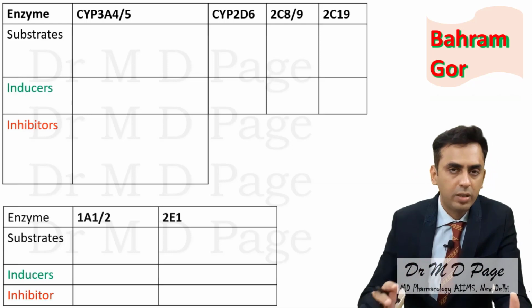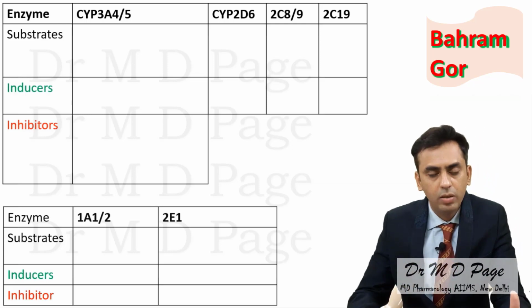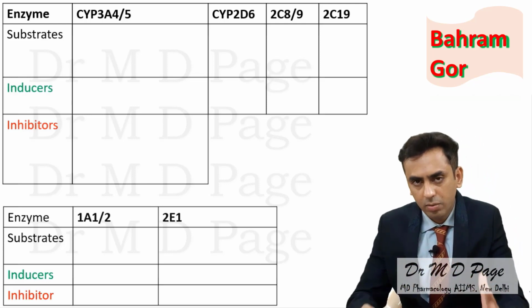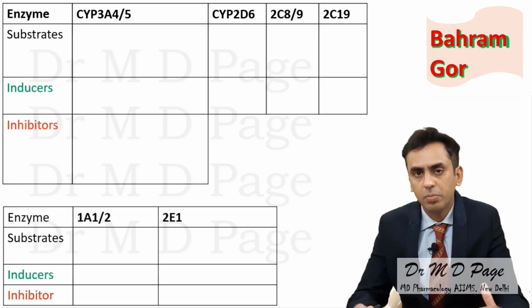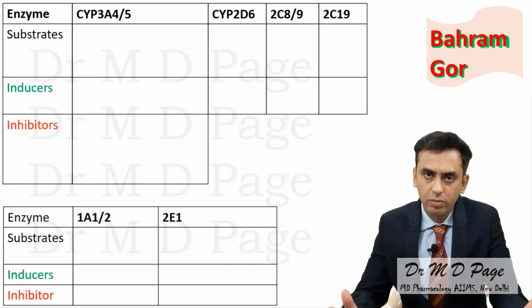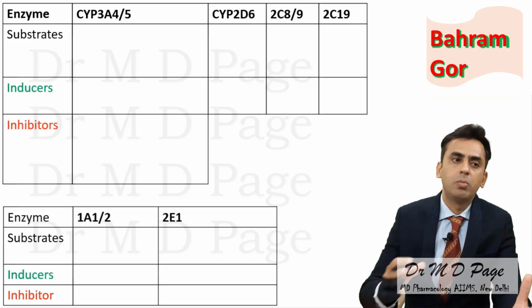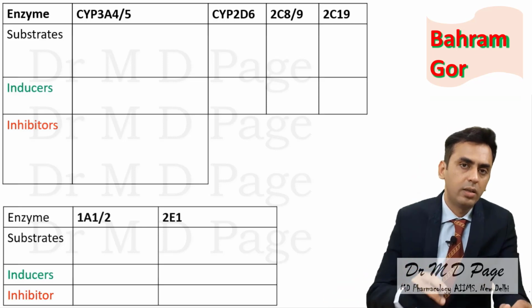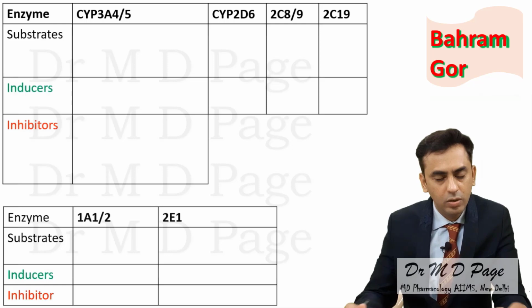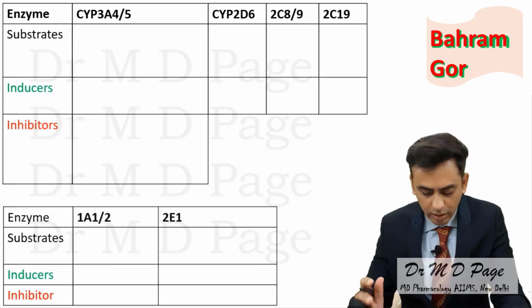So definitely 1 mark is sure from this table. So what I suggest is make a table, make a chart of this on a paper and paste it in front of your study table, or if you have a book for last day revision, you write this down in your book of last day revision. You have to revise this before going to any exam.